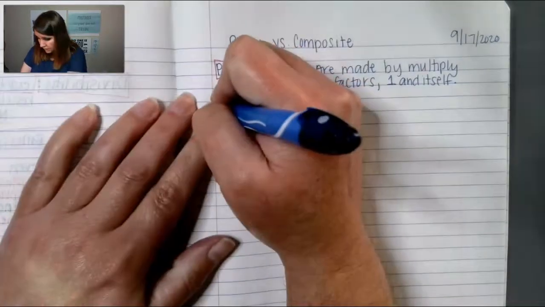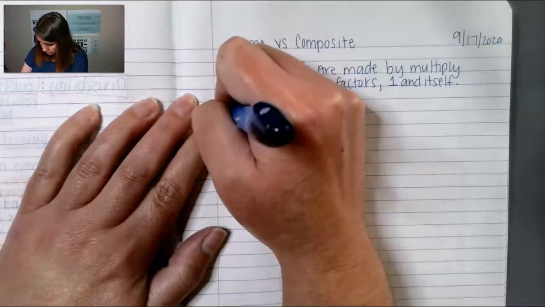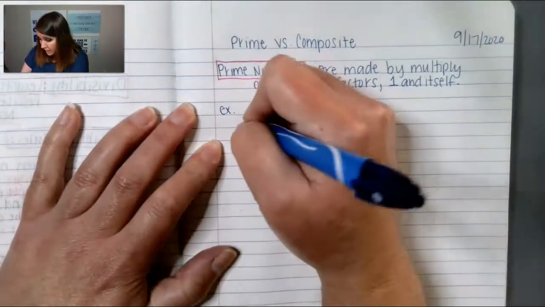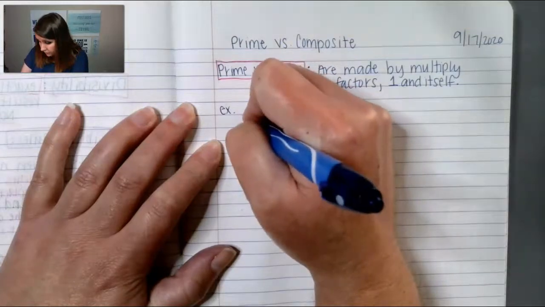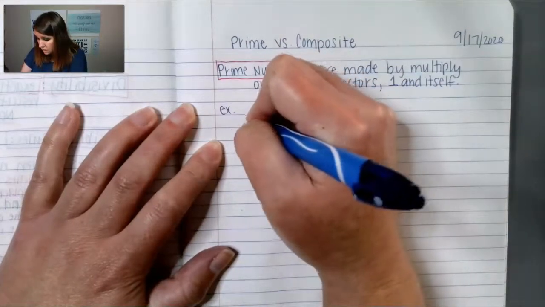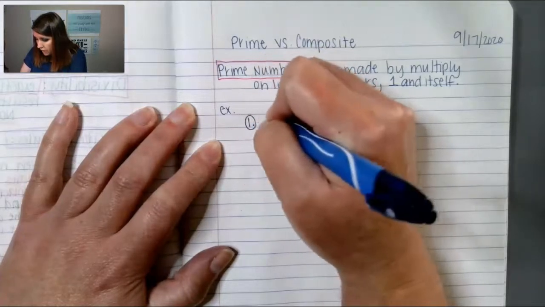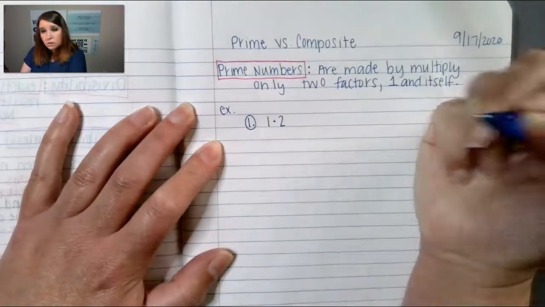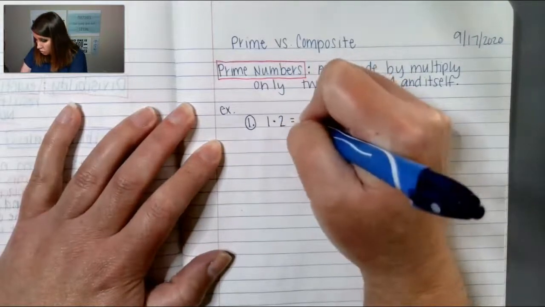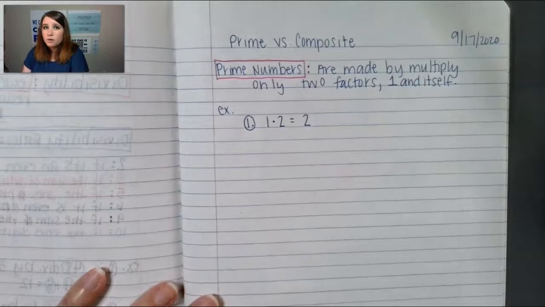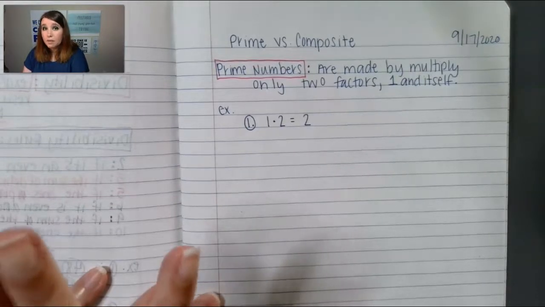So let's put some examples in here. A prime number is a number that automatically, when you use it, has 1. So let's do example number 1. If I were to multiply 1 times 2, I would get 2. This is prime because there are no other ways to make the number 2.